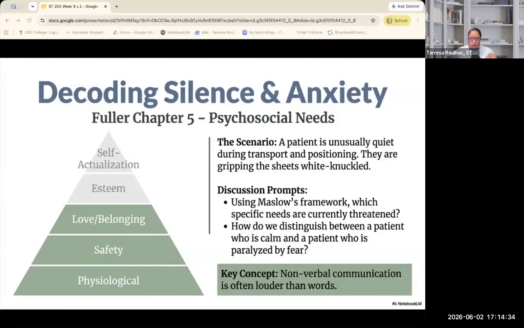So how do we distinguish between a patient who is calm and one who is paralyzed by fear? So there's things we're looking for: muscle tension, their eye movement, their breathing pattern. I mentioned them gripping the sheets really tight, right?